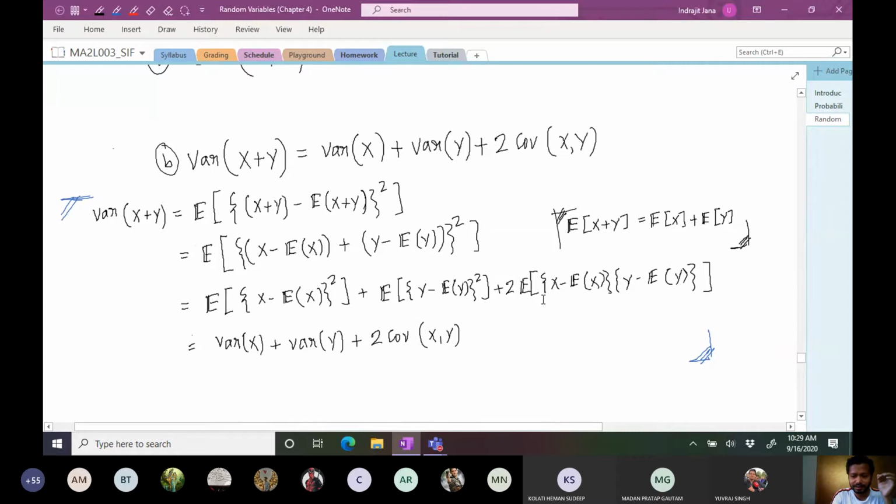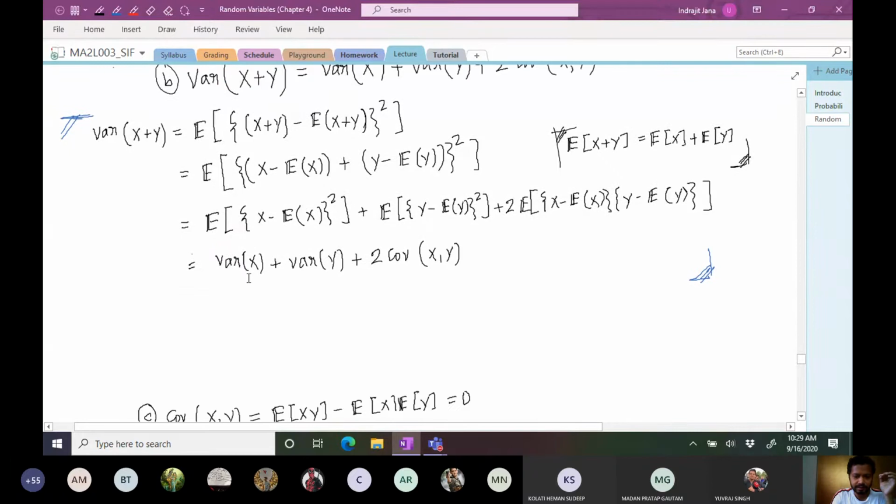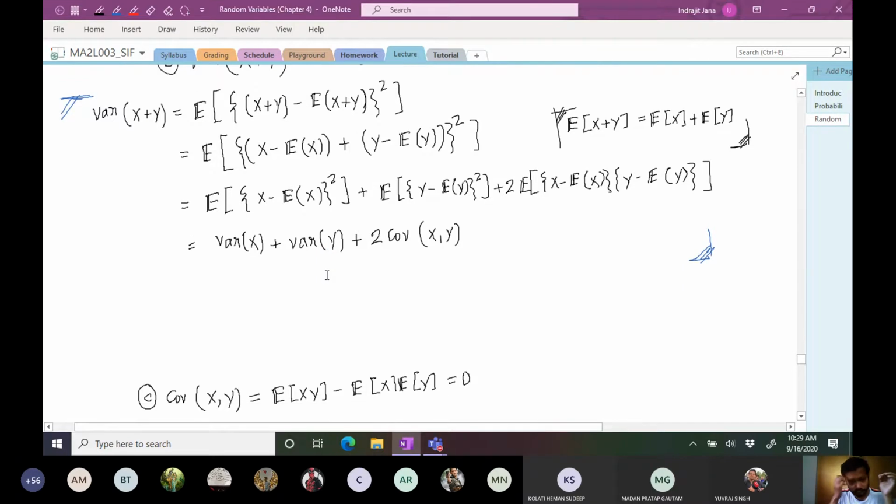So this is 2 times (x minus expectation x) times (y minus expectation y), and there is expectation on the outside of each of those expressions, which gives you variance x plus variance y plus, very importantly, 2 times covariance of x and y. So when you do variance of x plus y, you have this extra 2 times covariance of x and y.